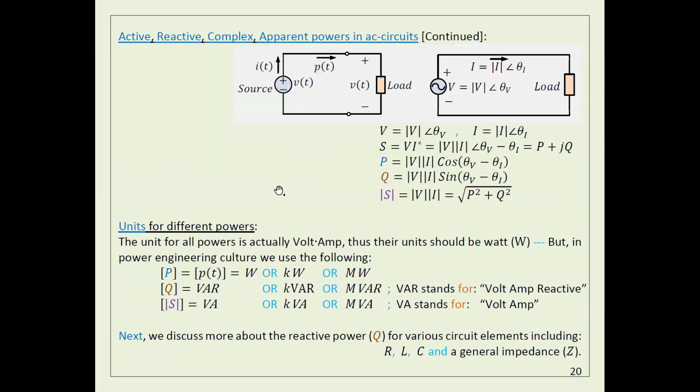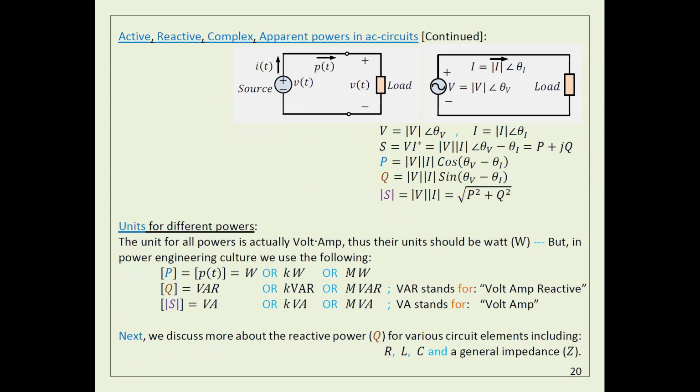Also, I told you last time, because now we have different types of power, we need to differentiate between them. We are going to use watt, kilowatt or megawatt for the active power. For the reactive power, I'm going to use var, or kilovar or megavar.